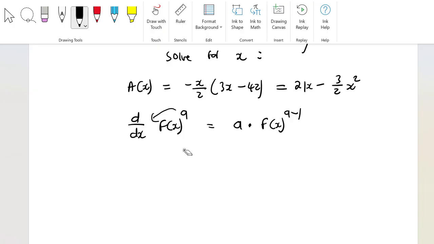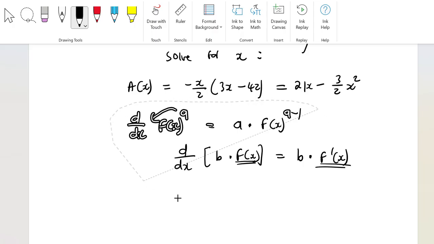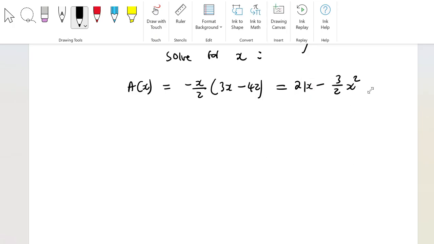And if I have a derivative of a constant b multiplied by f of x, which is a function, I keep the constant and I differentiate the function. These are the rules which we are going to use to differentiate A with respect to x. I can write this as d over dx of A of x, or I can just say A prime of x. They all mean the derivative.